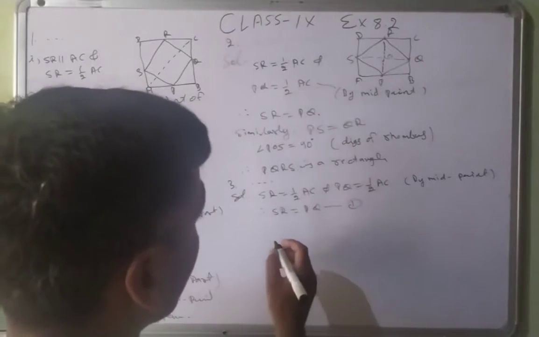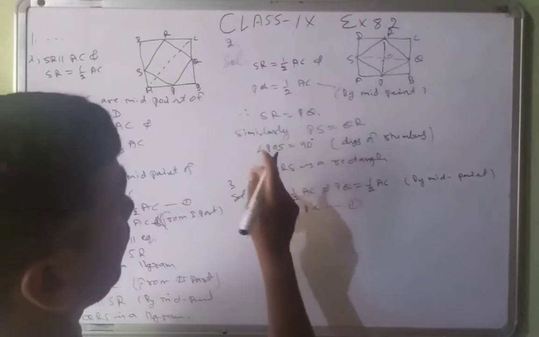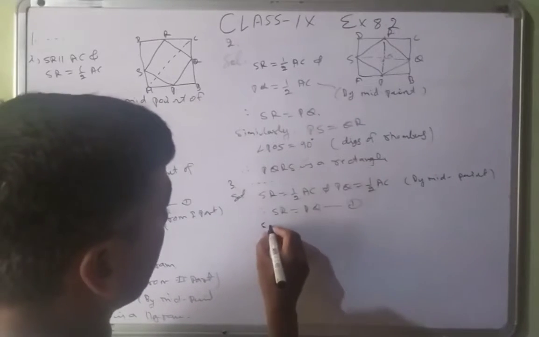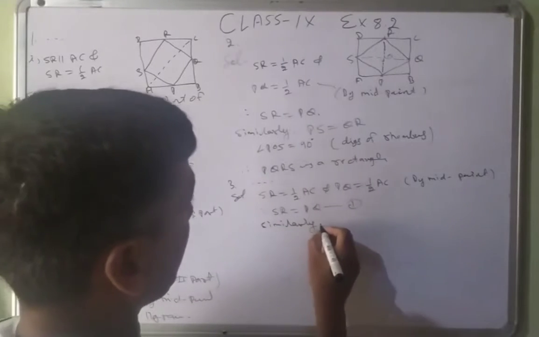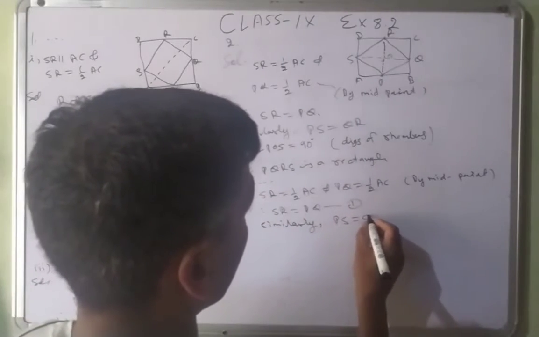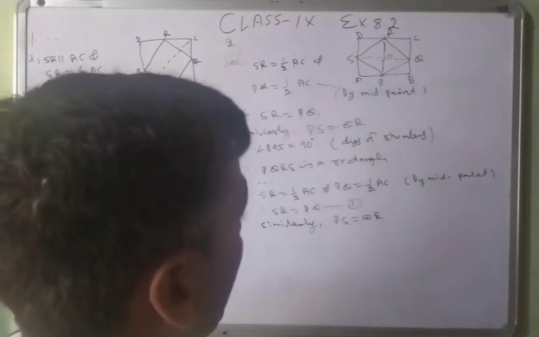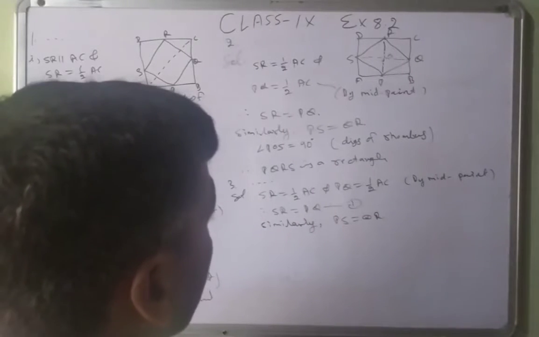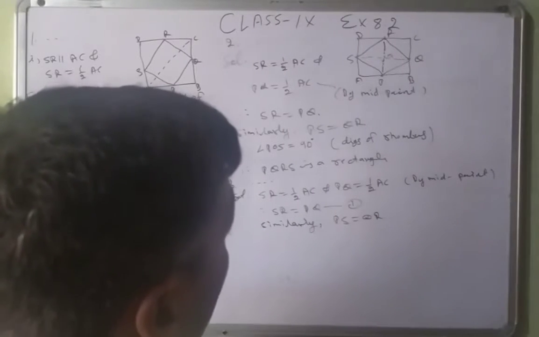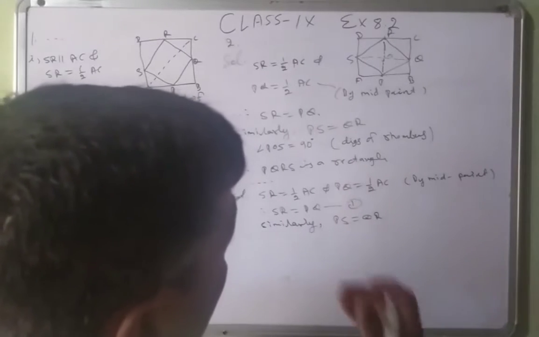And then similarly PS is equal to QR. It means we have proved that opposite sides are equal, but a rhombus has all sides equal.